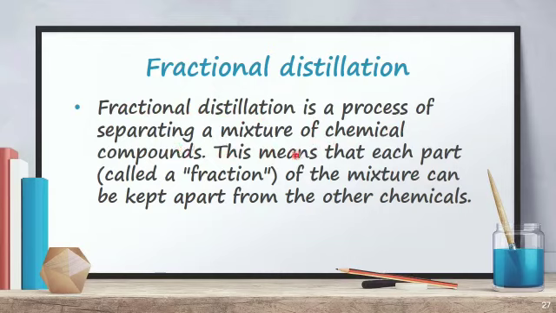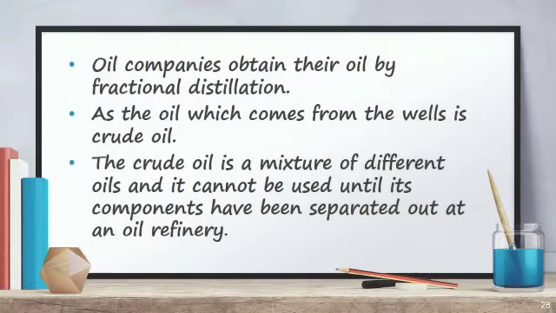Crude oil is a mixture of kerosene, petrol, and other hydrocarbons, and we need to separate them according to their fractions. So for this purpose, we carry out the fractional distillation process.